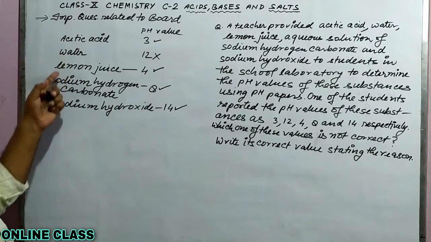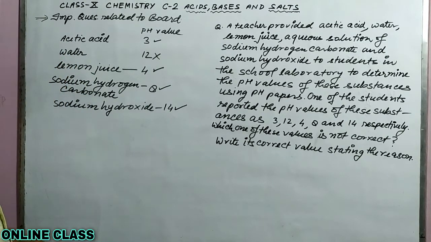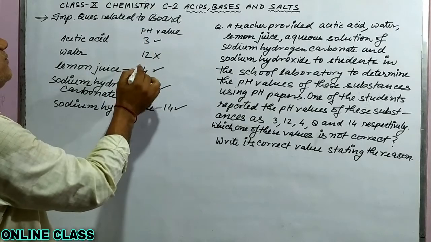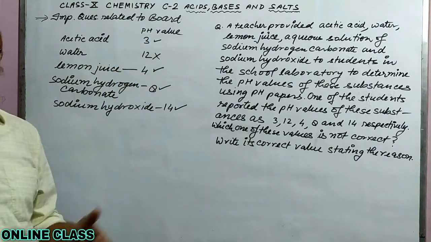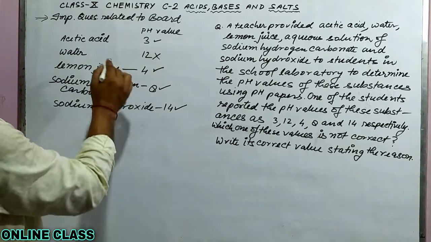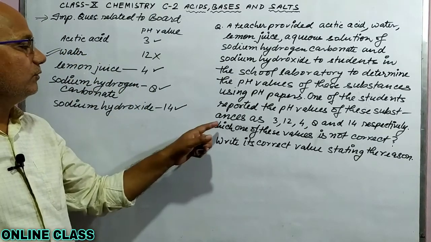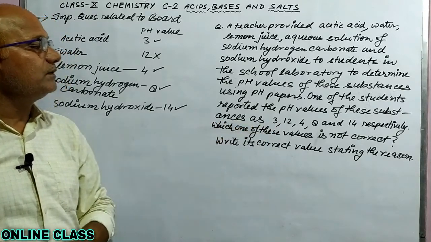So, out of all these substances, the incorrect pH value which is reported by the student is of water. Okay. So, which one of these values is not correct?